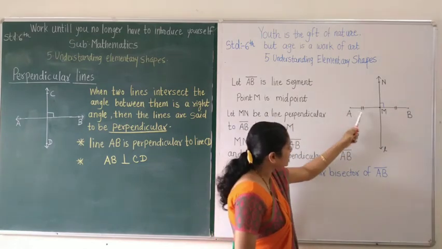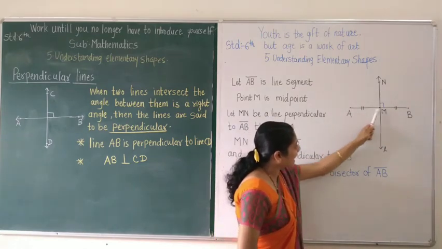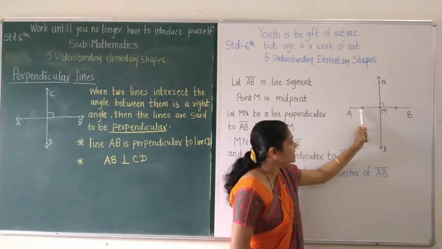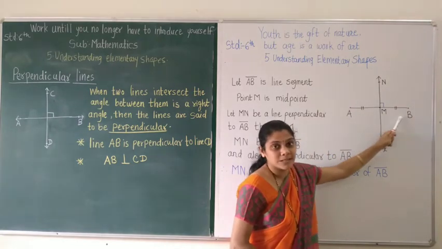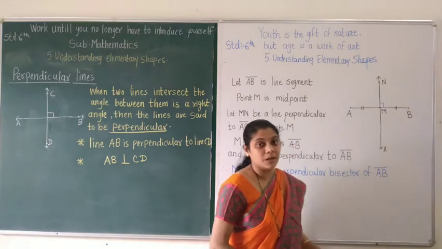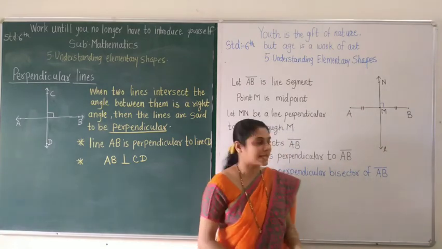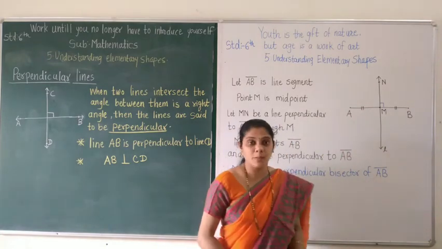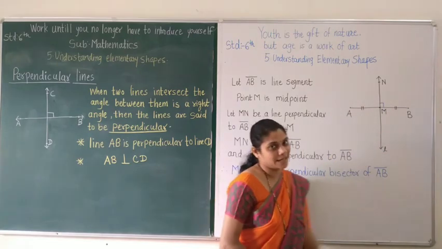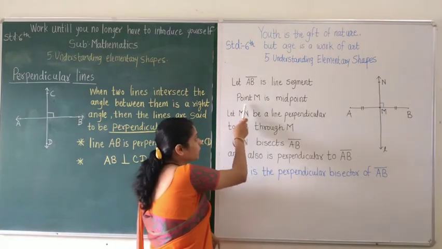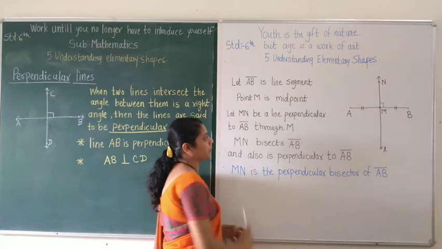Both parts, AM and BM, have the same sign, which means their measurements are the same. Because of that, we say point M is the midpoint of line segment AB. So here we wrote point M is the midpoint.